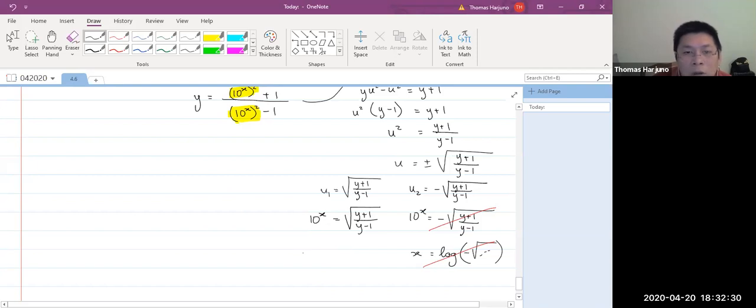This is x equals log of the square root of (y plus 1) over (y minus 1).